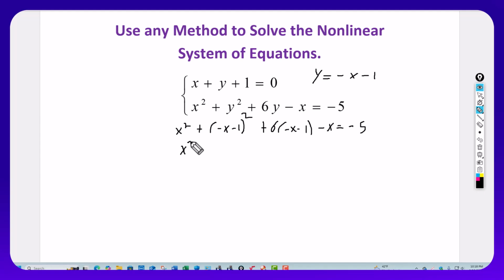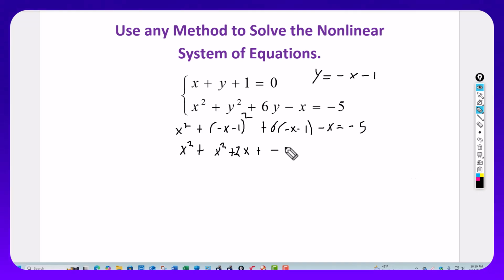It looks like we're probably going to come out with a quadratic here. Square the binomial: this will be an x squared here. Double this product here, it'll be a plus 2x. Minus 1 squared, it'll be a plus 1. And multiply through by 6 in the next one here.